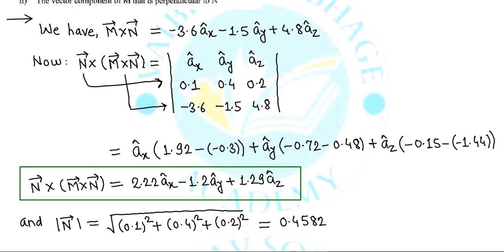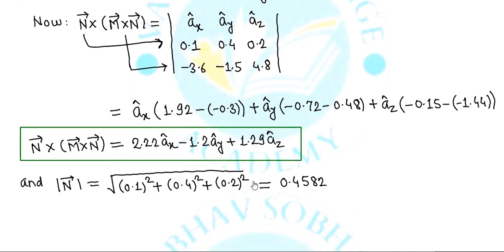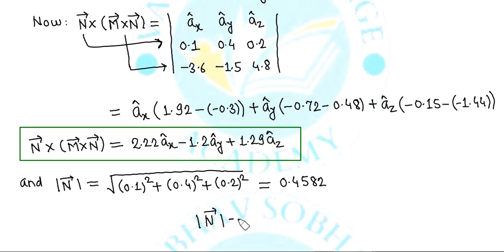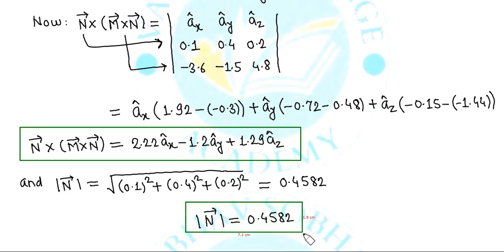So we have the second answer, or you can say the third element that we will be using, the magnitude of that vector n, which is equal to 0.4582. Now we are going to make use of these values that we have found.